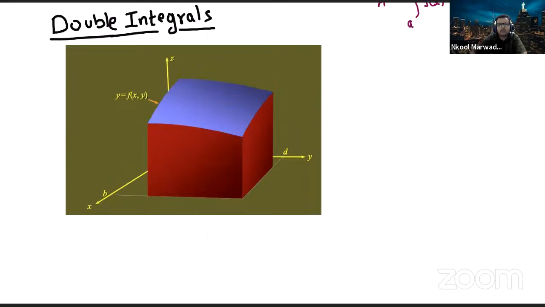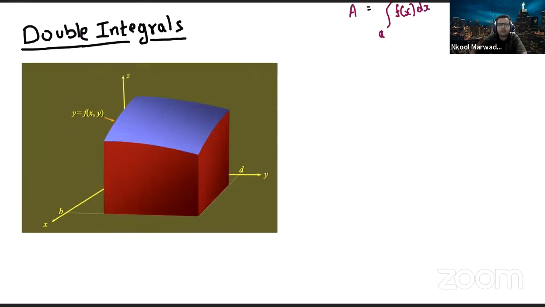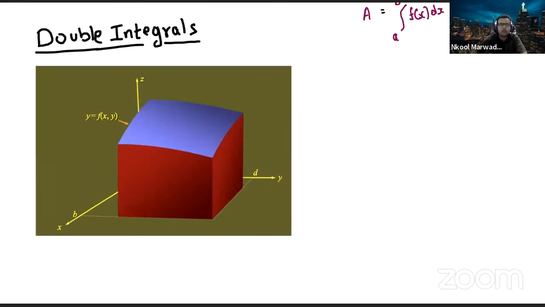Now, as we have already seen, if we have a function of two variables, as you can see in this graph, z is equal to f of x comma y. I can plug in different values of x and y, and correspondingly I will get z. And if I plot those points, I will get a surface like this.